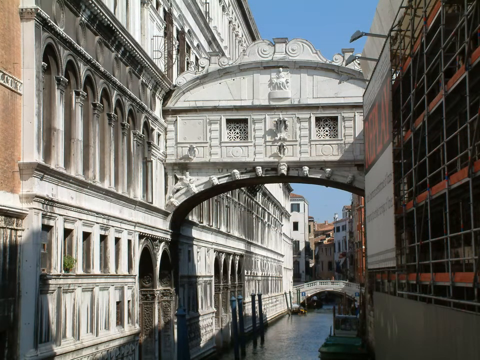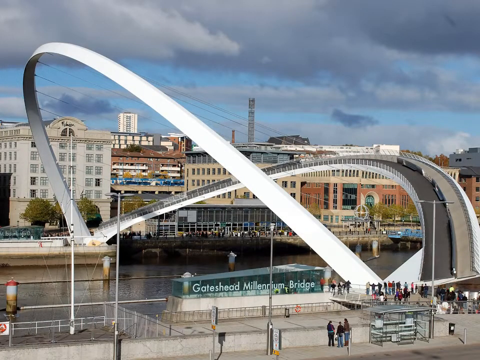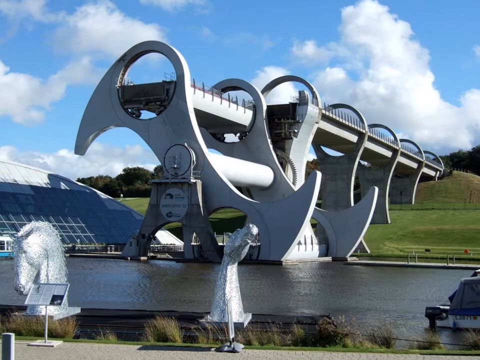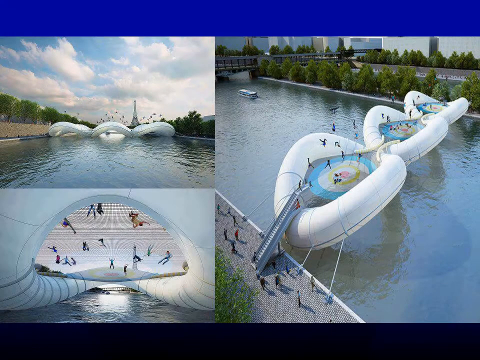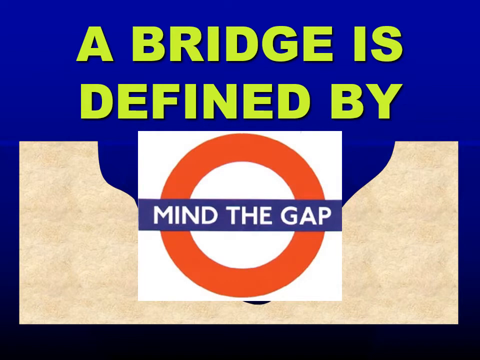Is it beautiful? Is it something that moves, like this bridge, which tilts up to allow boats to go underneath it? Or this one maybe? Or is it temporary, like this example of a floating bridge? Well, in our case, a bridge is defined as something that bridges a gap to enable you to get from one side to another. You could use the analogy of the London subway, the London Underground, apologies.